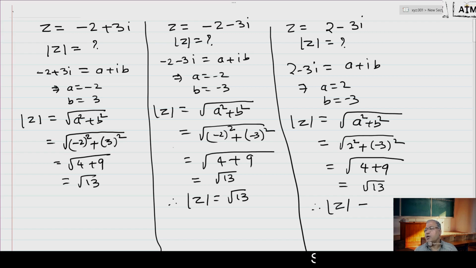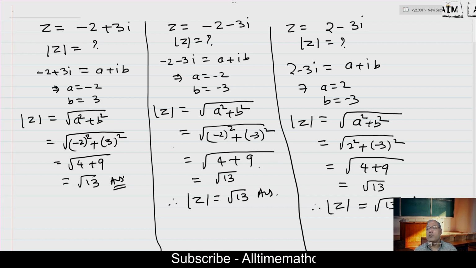Therefore, the modulus of z equals the square root of 13. This is the answer. So this is the way, depending upon the values of a and b, we find the modulus of a complex number. But one thing to note is that irrespective of the sign of a and b, the answer remains the same, since we use a squared plus b squared.